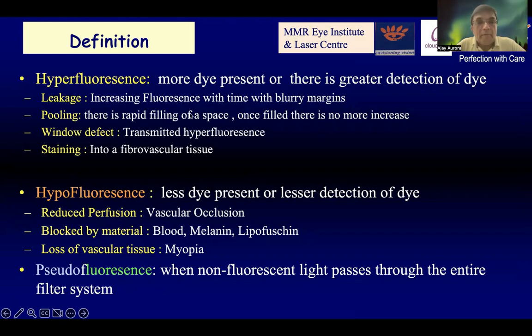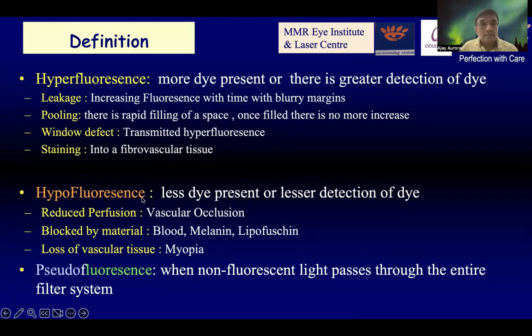Pooling shows a rapid filling up of a space, and once filled, there is no more increase, like a pigment epithelial detachment. And then you have a window defect, which is a transmitted hyperfluorescence, like drusen, and then you have staining, like a fibrovascular PED.